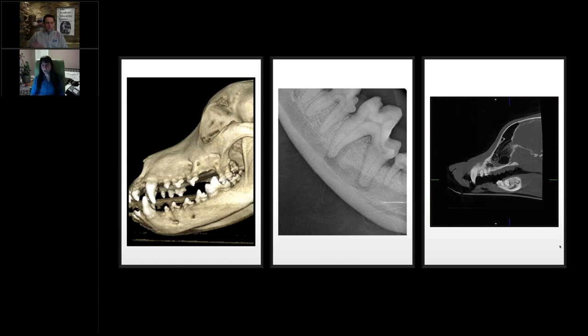Anyhow, outside of the endo discussion, this is my own dog Noodles. I did her routine yearly cleaning and x-rays the other day. I only do cone beam on my own dogs because it's just easier and a lot faster than doing x-rays.